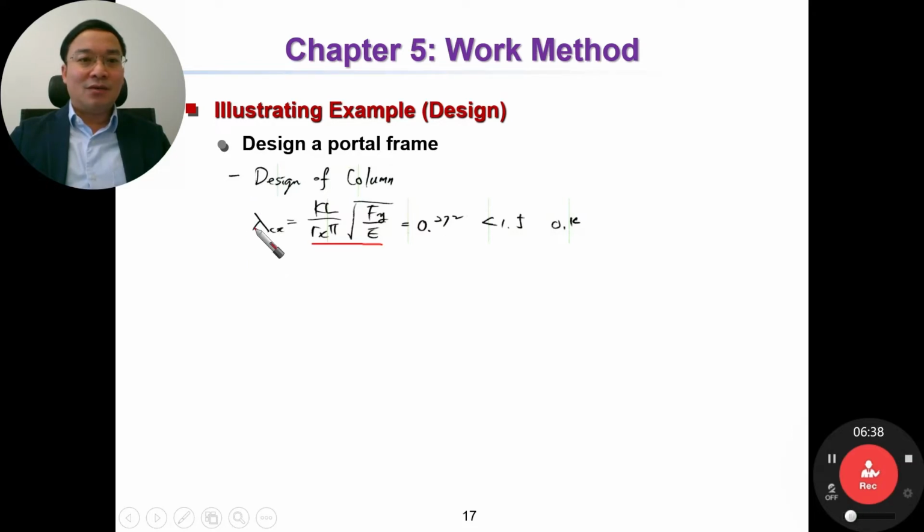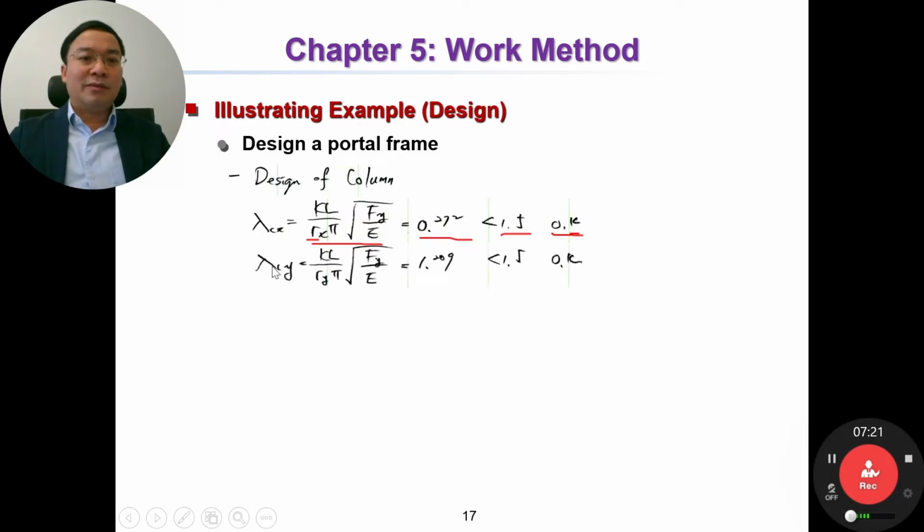So lambda cx equal to this, and we assume k equal to 1, and L is the length of the column. We already have r and Fy and E, and replace the value of each factor here. Then we can determine lambda cx equal to 0.272, and it's smaller than 1.5, and it's okay because of plastic design.